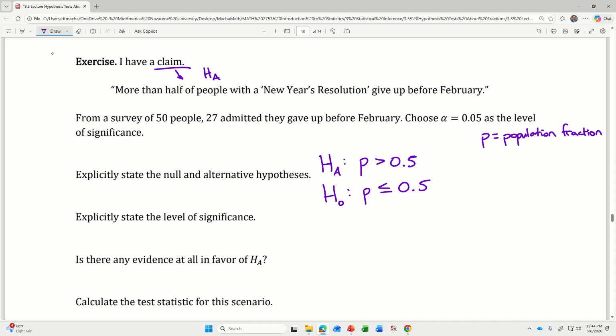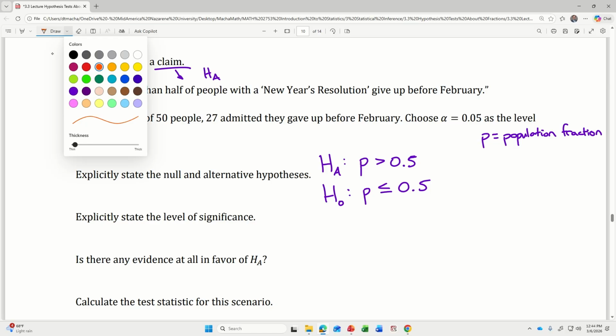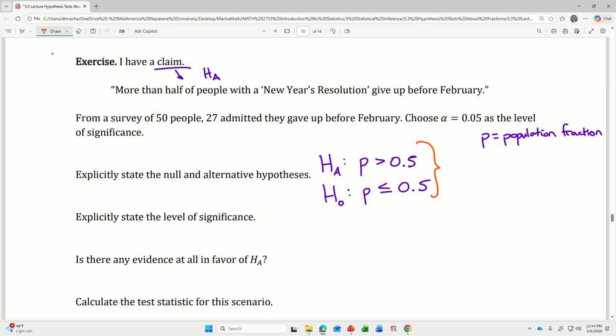And when you look at this, there's one number where I switch from being in the realm of my alternative hypothesis to the realm of my null hypothesis, and that's called a threshold value. We represent the threshold value with p with a little 0 subscript. That means my threshold value this time is 0.5.